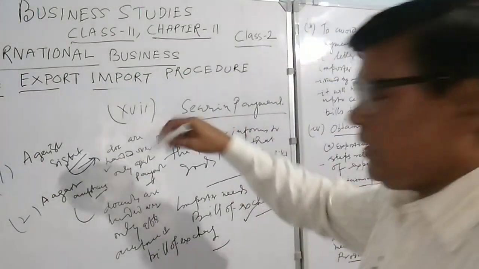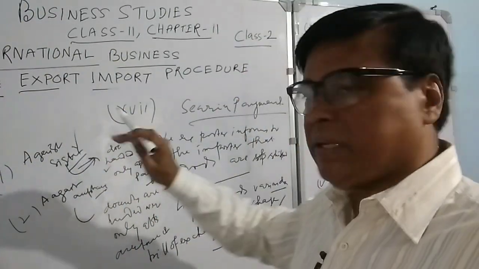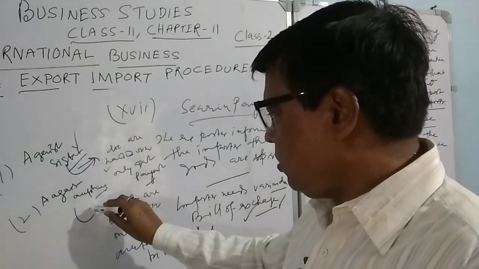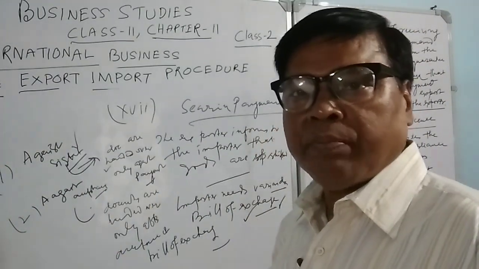See, this is very vital in the technical part. Whichever way you make the bill of exchange, whether at sight or against acceptance, you have to know very properly, because in future you cannot get it rectified.